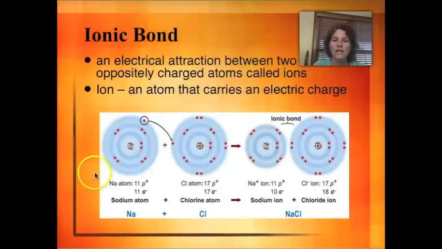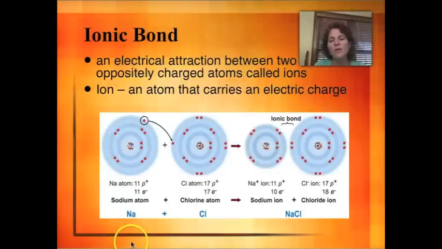Our next type of bond that we talk about is an ionic bond. This is a kind of bond that forms when two oppositely charged atoms, which are now called ions, come together, and the electron from one atom is actually pulled into the orbital of the other atom.